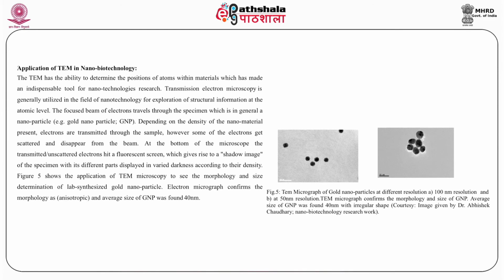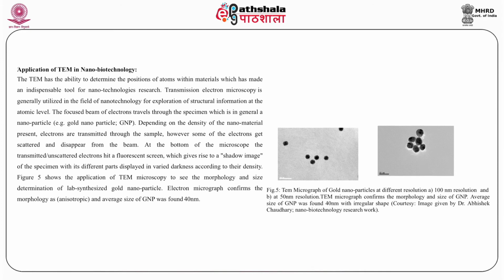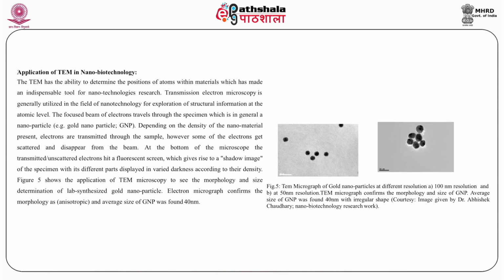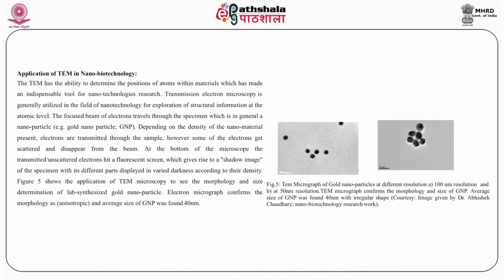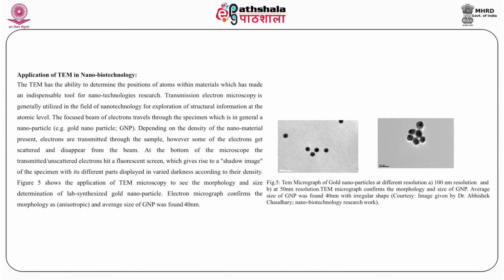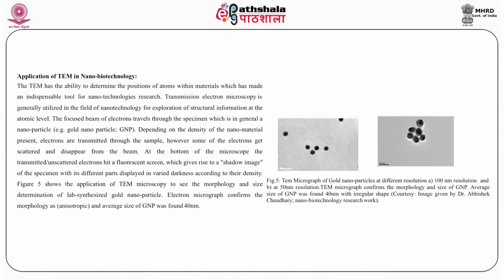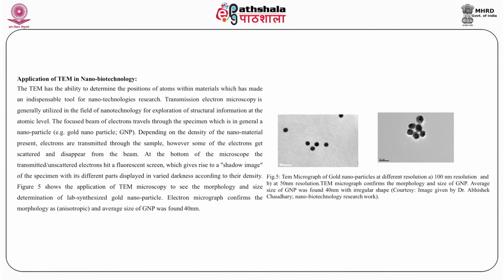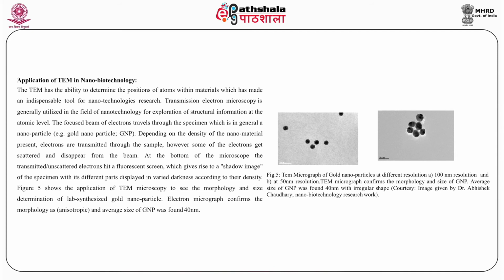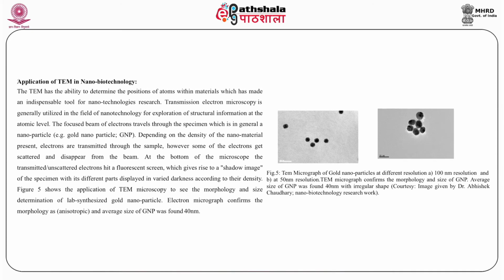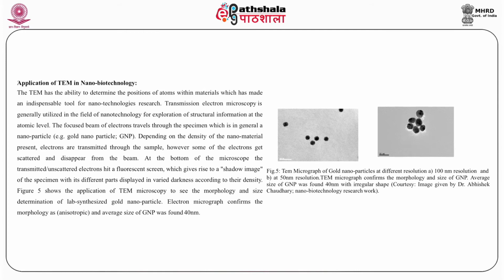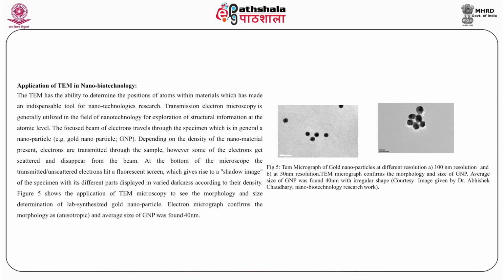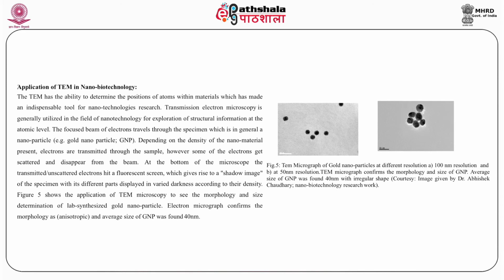However, if the electrons are scattered and disappear from the beam, then at the bottom of the microscope, the transmitted or unscattered electrons hit the fluorescent screen. This gives a shadow image of the specimen, where the different parts are displayed in various shades, light and dark, according to their density.